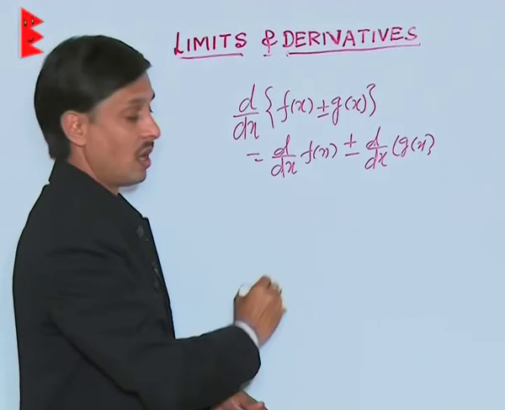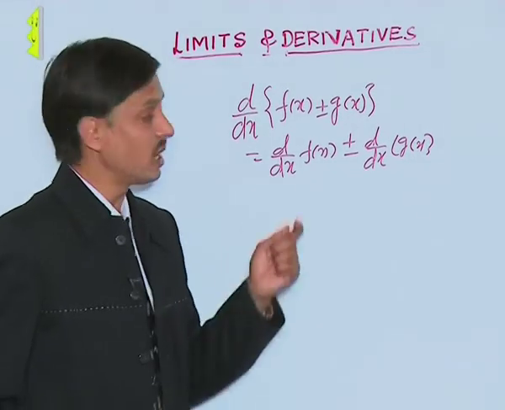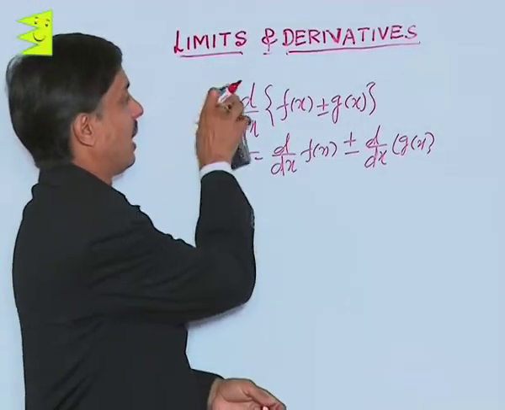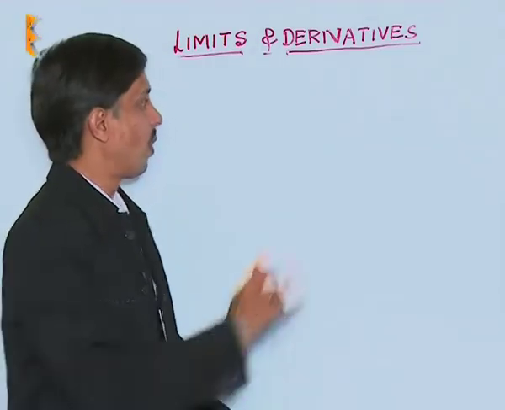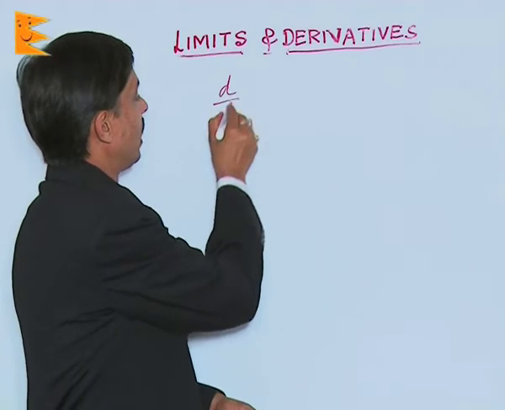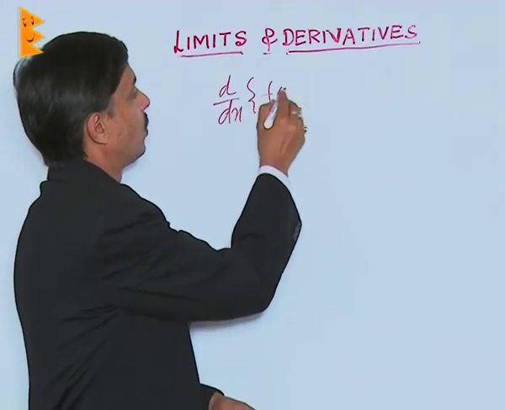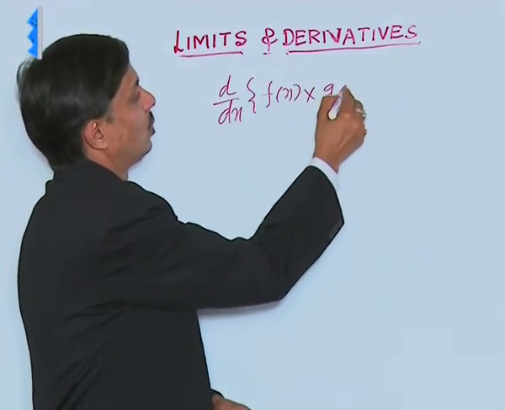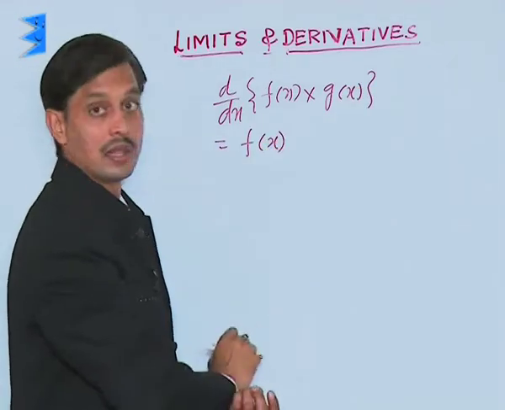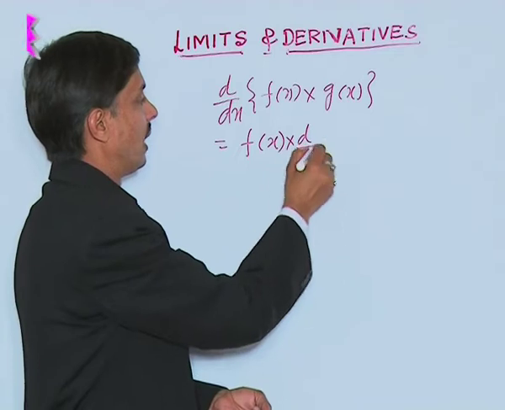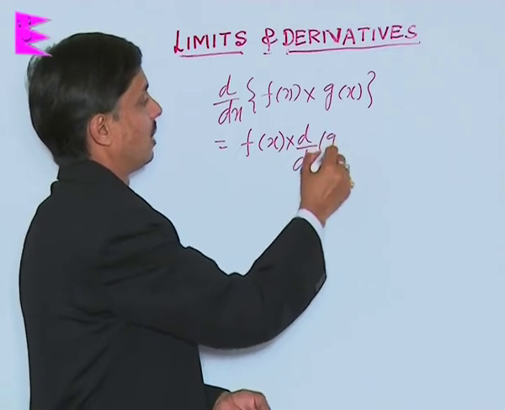And what is the formula in case it is not plus or minus but multiplication? The formula for the derivative of the product of two functions f(x) into g(x) is given by first, that is f(x), into the derivative of second, that is g(x).